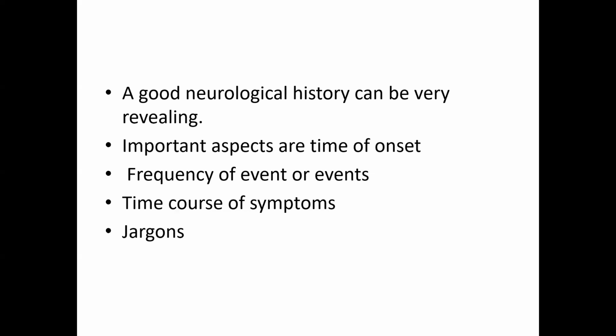For the history, I want to emphasize the temporal profile, and that means the time of onset, frequency of the events, and the evolution of the symptoms or disease. Let me get into a bit more detail.